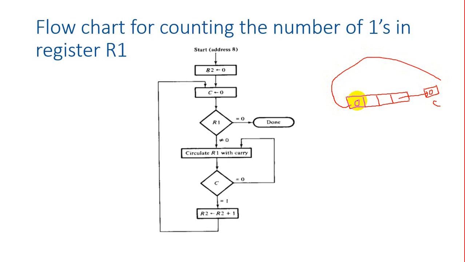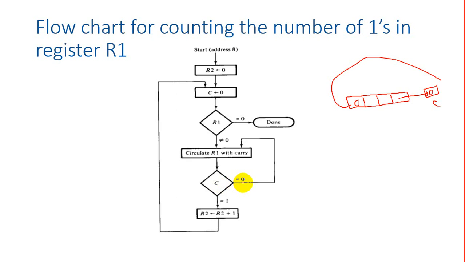Circulate R1 with carry. So each bit you take on the carry bit. Then 0, because the carry bit was 0 initially, will come in that bit position, right? If the bit that you are transferring through the carry bit is 1, you check the carry bit.